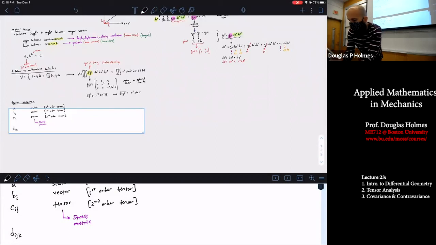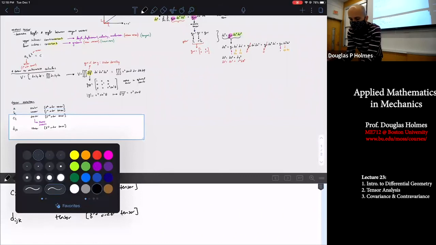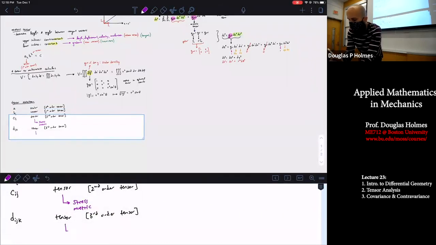If you've taken continuum mechanics, there is one really important third order tensor that you encounter, and that is the Levi-Civita permutation tensor, which would be written as epsilon ijk. It is equal to negative epsilon. If you don't know what this is, it doesn't matter.